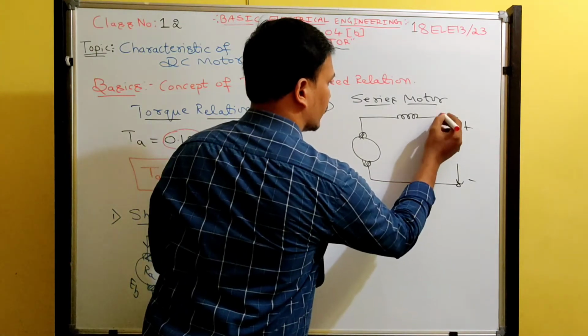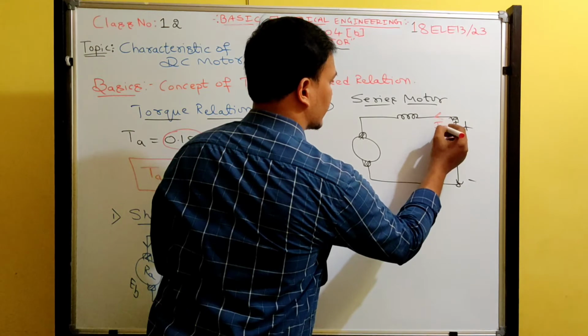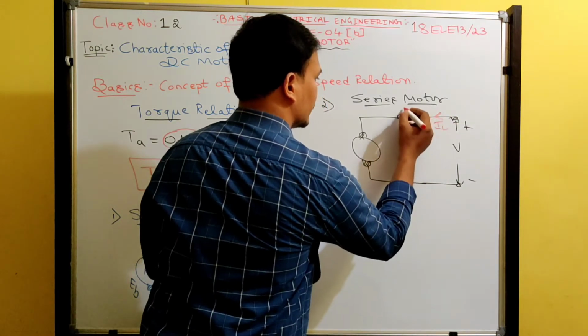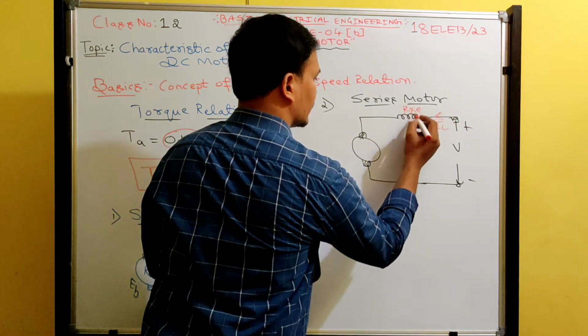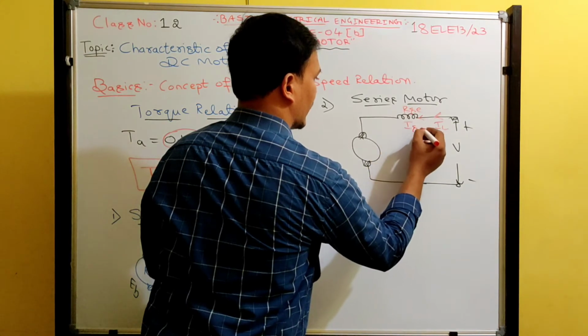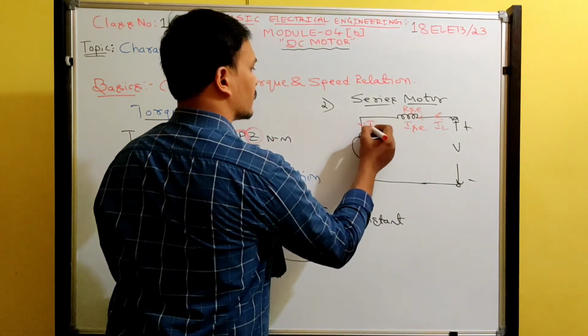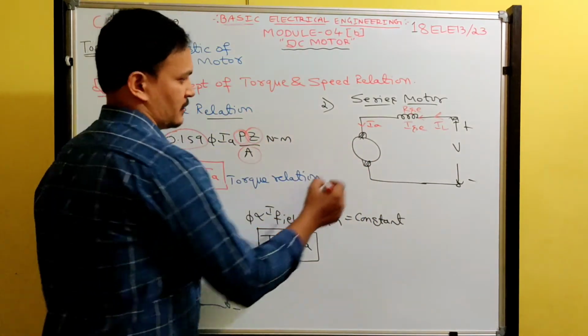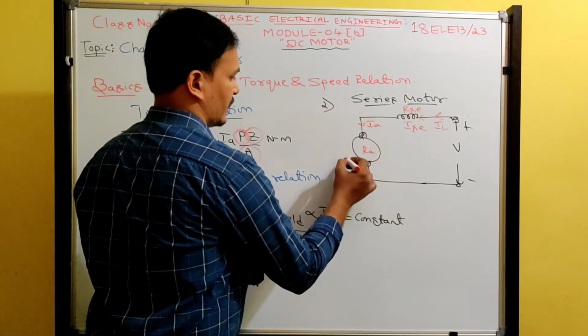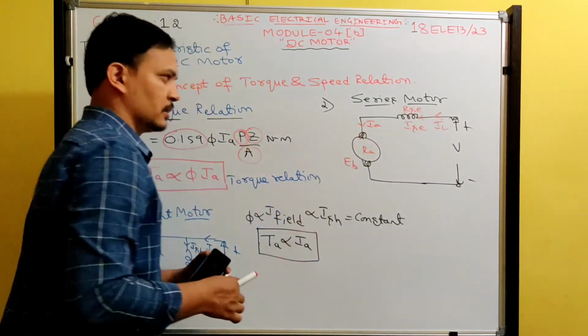The motor receives the current IL, and the same current flows in the series field winding resistance, ISC, and the same current flows in the armature. Here the armature resistance is Ra, and the motor produces back EMF.